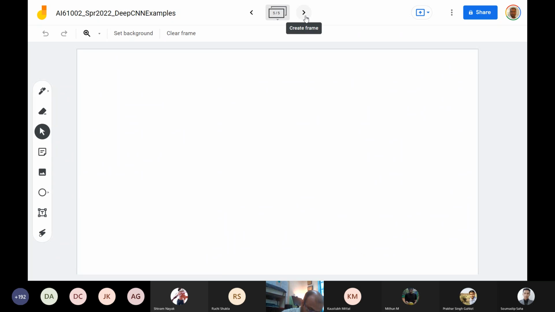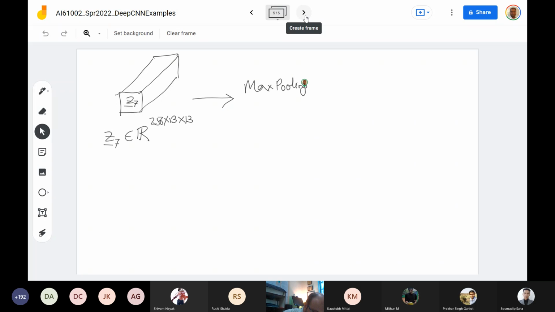So what did I have? I had my Z7, 256 cross 13 cross 13. So essentially by now the tensor has started becoming like this. This is Z7. Okay, and now I put it through max pooling, with a kernel size of 3W and a stride of 2.